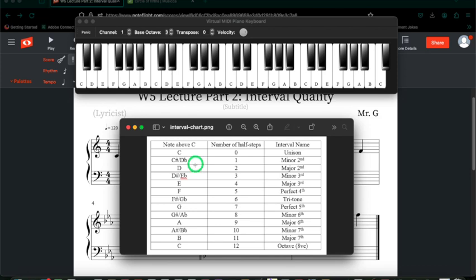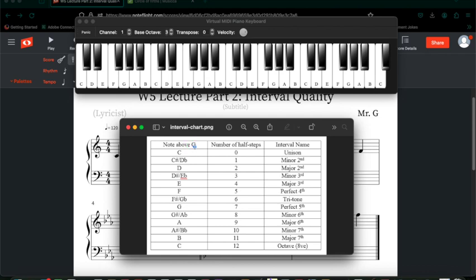So for instance, D is 2 half steps away from C. 1, 2. And then it tells you what that interval name is. So in this case, from C to D is a major second.